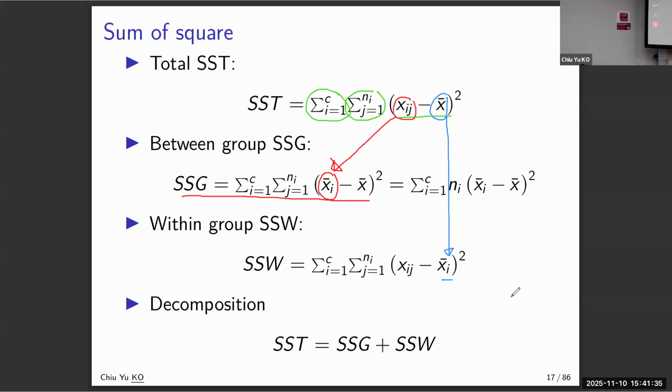And you can do the math, and it turns out SST is the same as SSG plus SSW. Very surprising, but standard math manipulation can show you that the overall variance is the same as looking at between group plus within group.